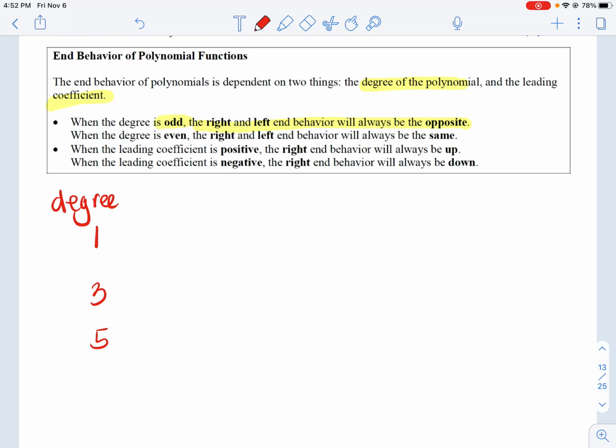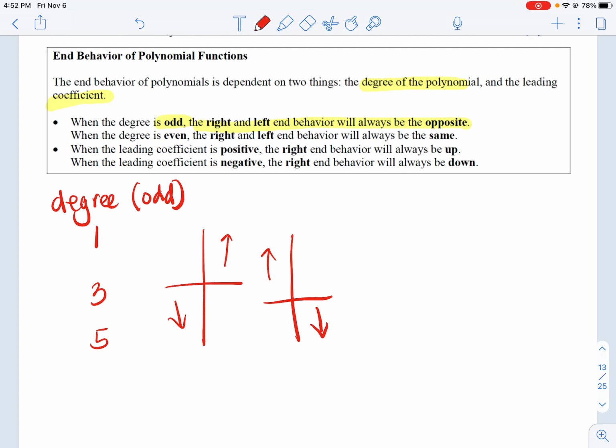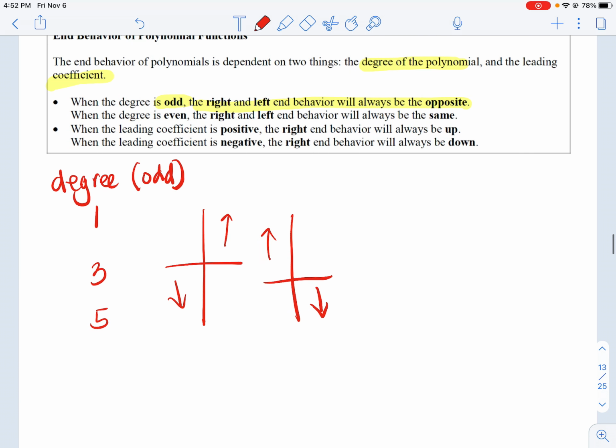When the degree is 1, 3, and 5, those are odd degrees. The end behavior of your graph is in opposite directions. So when I say opposite direction, it's either this way or that way. Does that make sense? And it then depends on the leading coefficient.